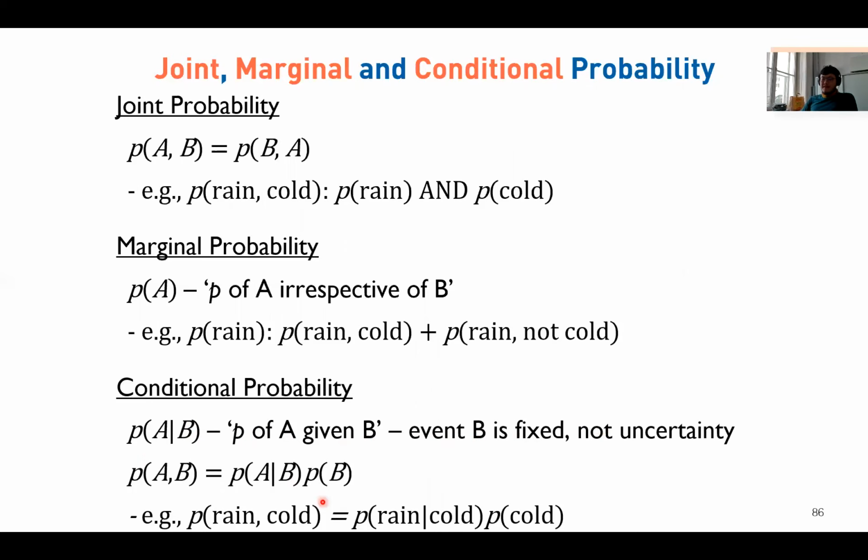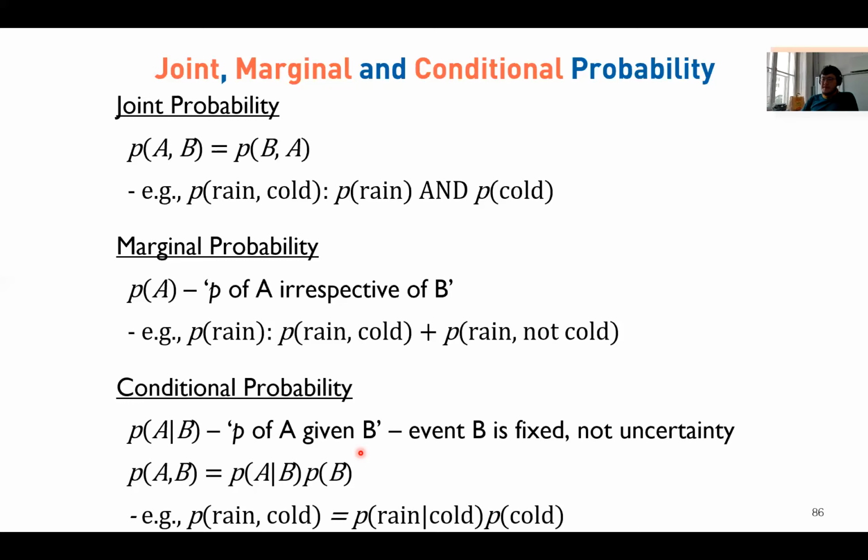And there is a very interesting relationship among everything I talked about. There is a relationship between the joint, the marginal, and the conditional probability. The joint probability equals the multiplication of the conditional probability and the marginal probability.